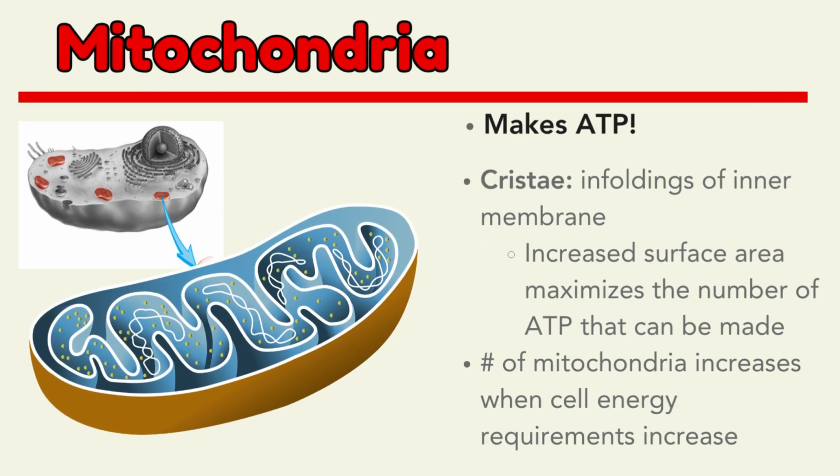Mitochondria are membrane-bound organelles that have the very important function of making ATP. ATP is made on the inner membranes of mitochondria called cristae. Cristae have many folds, which increases the surface area available for making ATP. When cellular energy requirements increase, so do the number of mitochondria.